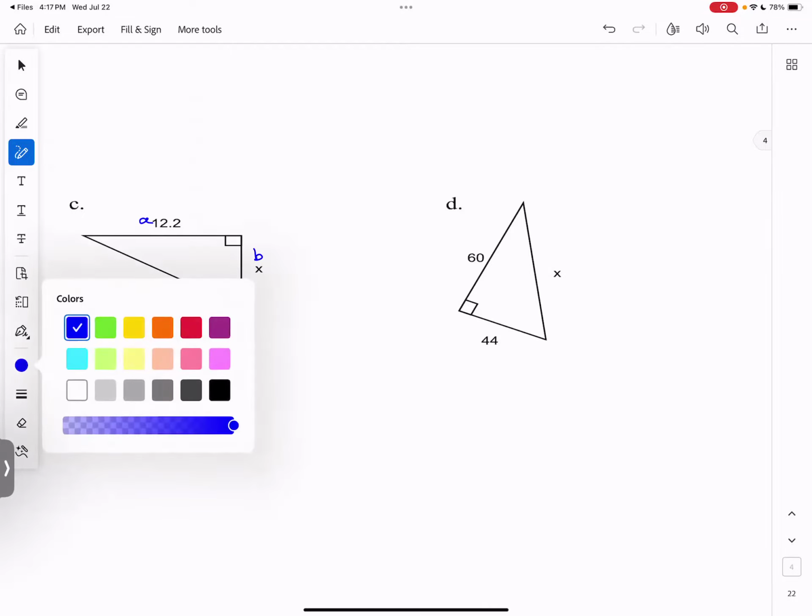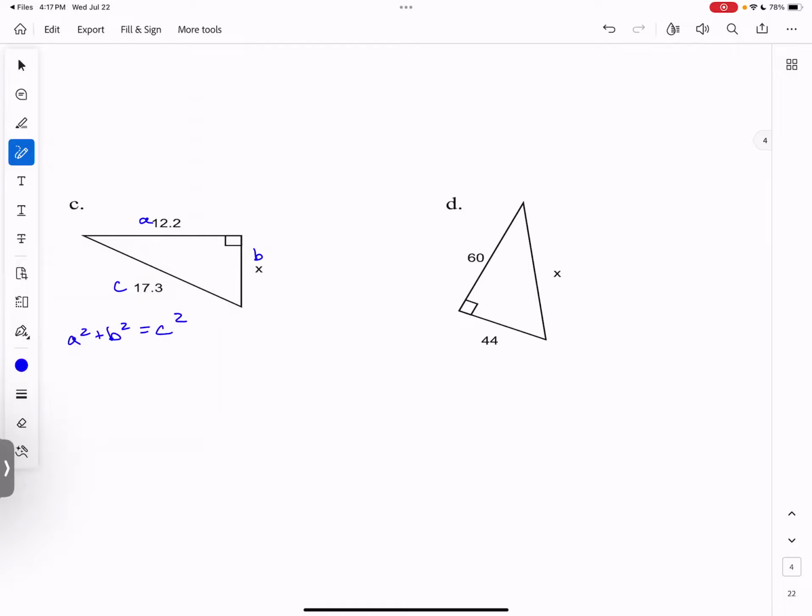It doesn't really matter which way you do it, but we're trying to find b. So let's subtract a squared from both sides. So we get b squared equals c squared minus a squared. You can always do this step after you put in the numbers too, which is what I did on the earlier example. But let's do it this way too, just so you have both in your tool belt.